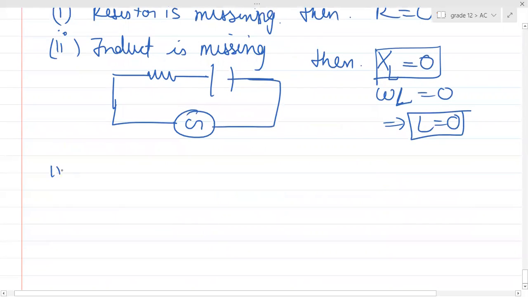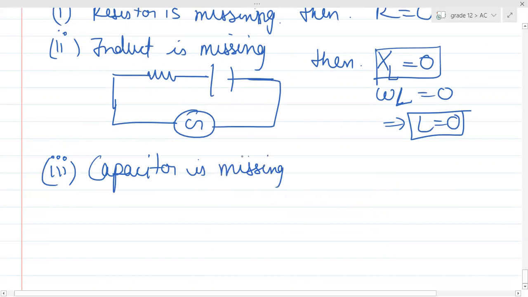And please remember, if the capacitor is not there, it doesn't mean the capacitor is missing in the sense of zero. If the capacitor is not present, then the current will continuously flow through that wire, right?